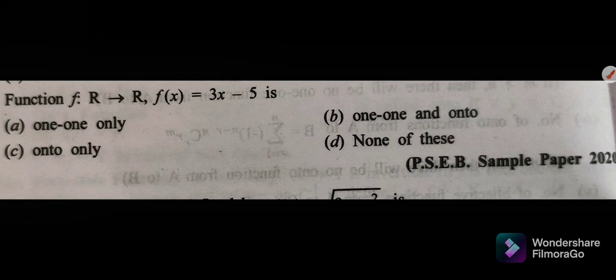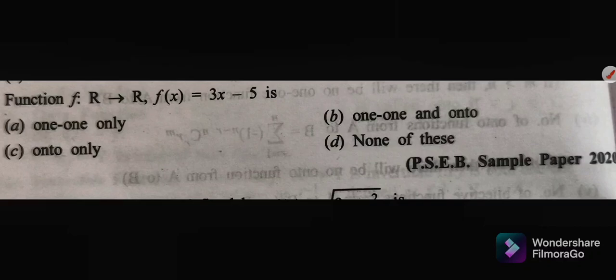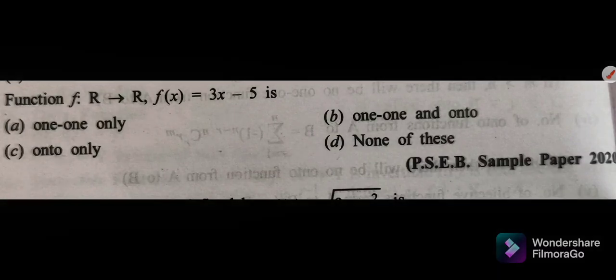Now let us solve some examples of relations and functions. First one: f from R to R, f(x) is equal to 3x minus 5 is.